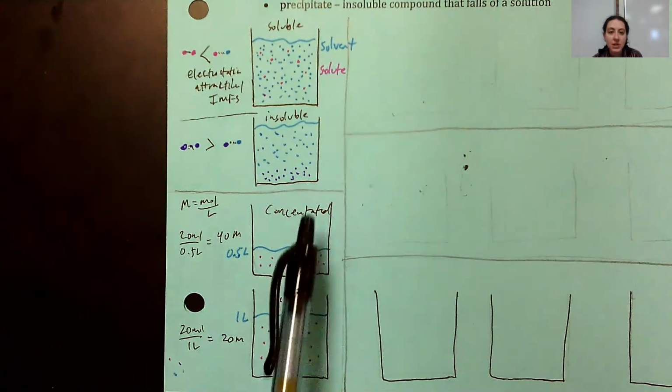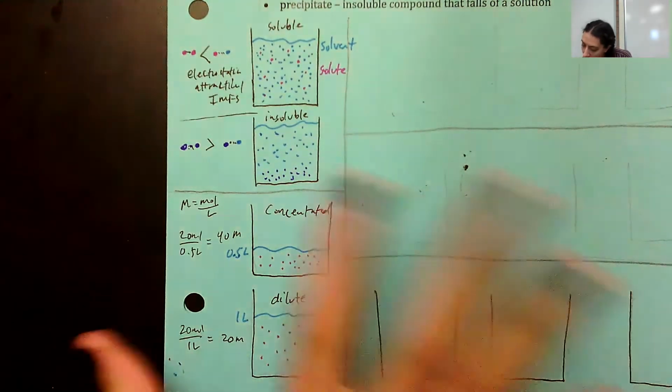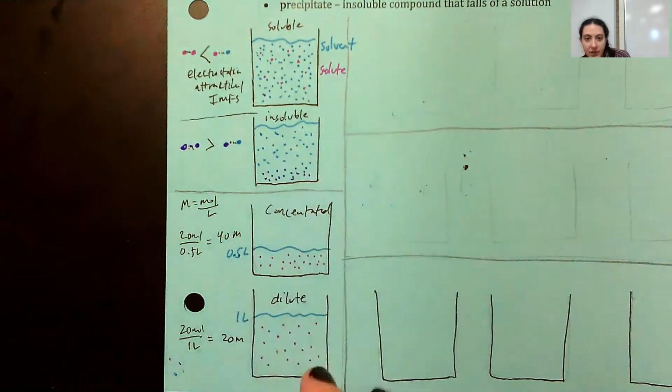So obviously this one is twice as concentrated as this one. Again, it's that combination of volume and stuff, moles or grams or whatever of stuff in it. It's actually moles, but sometimes grams count too. Okay, so that's kind of concentration. Definitely concentrated versus dilute is something to be aware of.